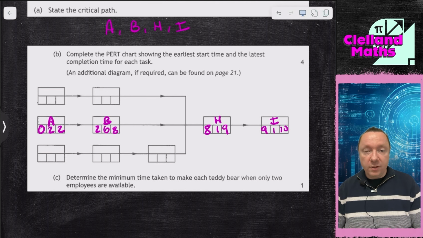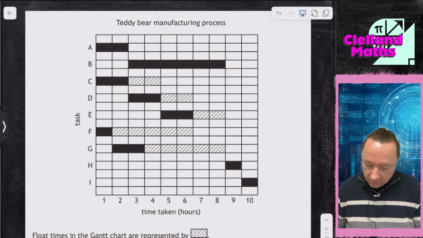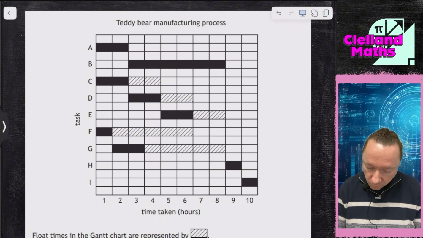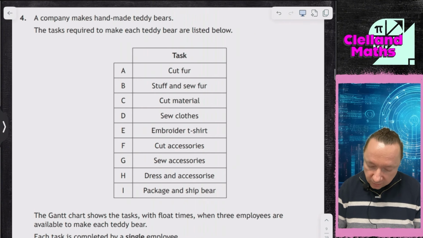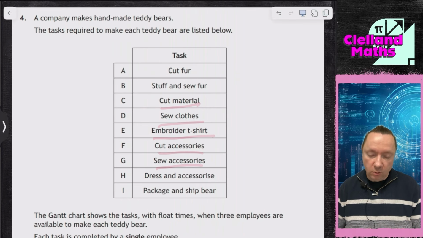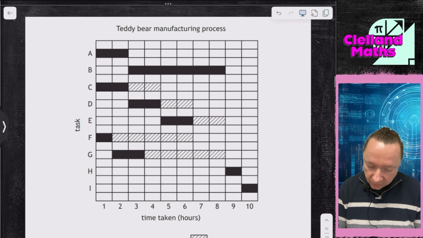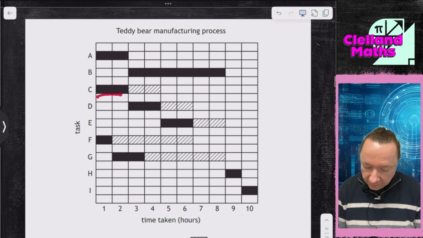So now we move on to the other tasks. Looking at the other ones, we have to have a continuous path. We can look at our tasks as well. Cut materials, sew clothes, embroider t-shirts seem to go together. Cut accessories and sew accessories seem to go together. Does that agree? If I look at C, we've got some float time, but that's fine.